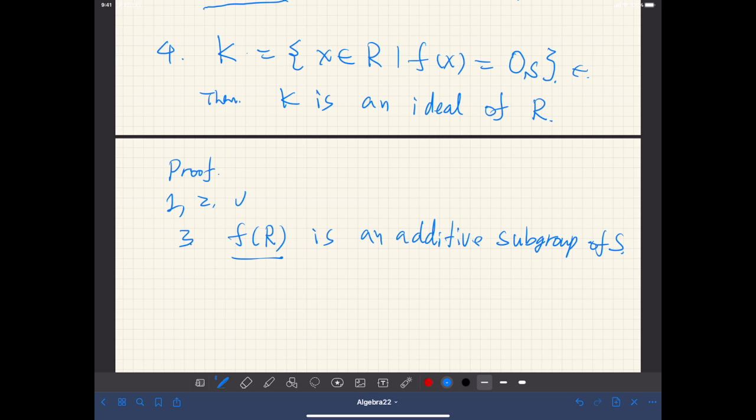But that is also easy to show because this f is assumed to be a homomorphism, so the multiplication is preserved.